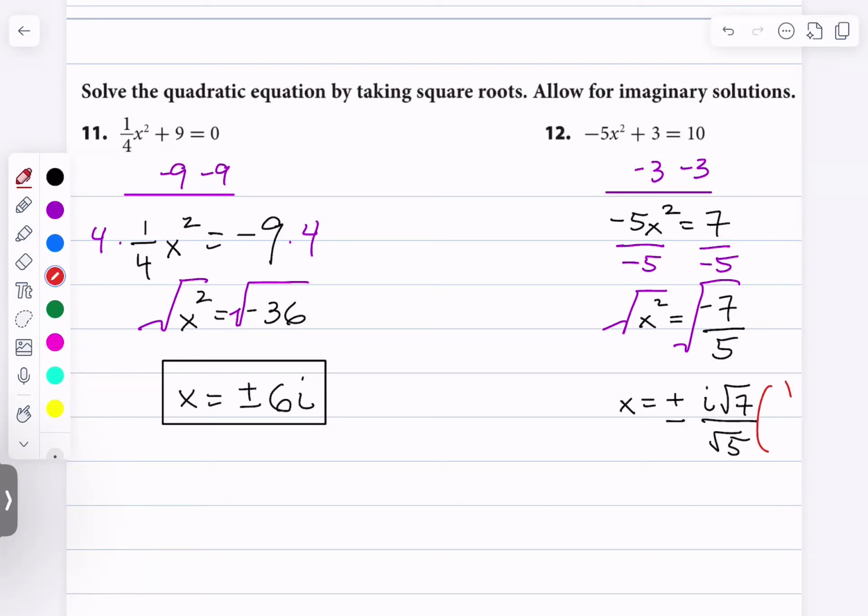We have to multiply this by square root of 5 over square root of 5 to rationalize my denominator, right, of 5. What's in my square root now? 7 times 5, which is 35. Yeah. You guys got it.